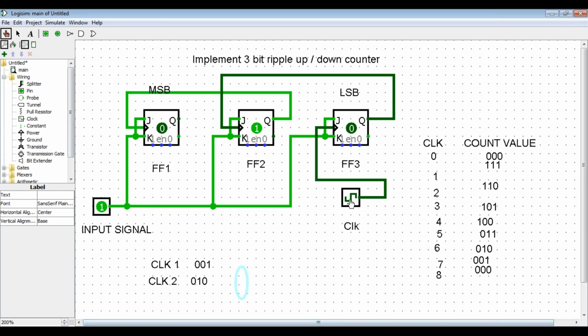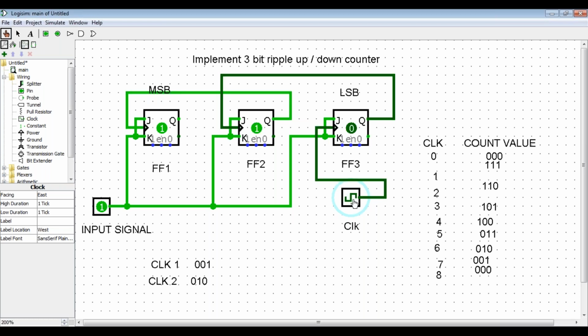Okay, I'm going for my third clock pulse. Switch off your clock and again switch on. What you'll get is 0 1 1. Again I switch off my clock and switch on. What I will get is 1 0 0. Again I switch off and switch on. This is like a falling edge. I get 1 0 1.